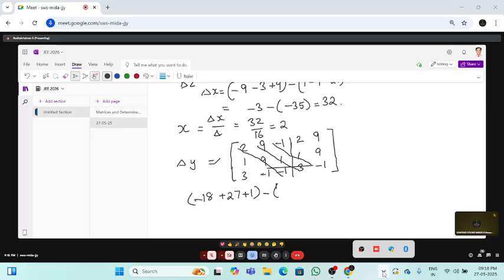So these are the positive terms. Then the negative terms, these are the 3. So 3 9s are 27 into minus 1. Minus 1, 1, 2. Minus 1, 1, 9.